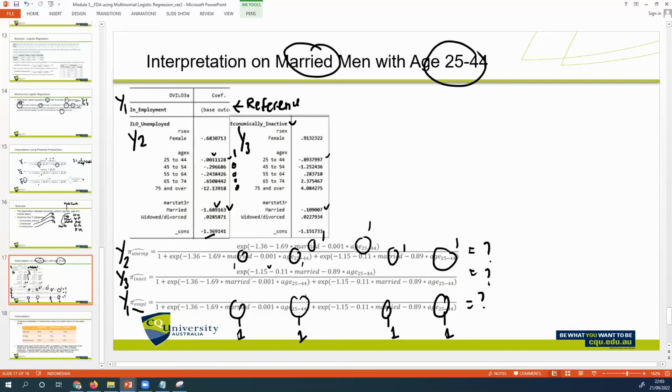Let's say Y2 is minus 1.36 minus 1.69 times merit plus, okay, let me give one example for the full model.